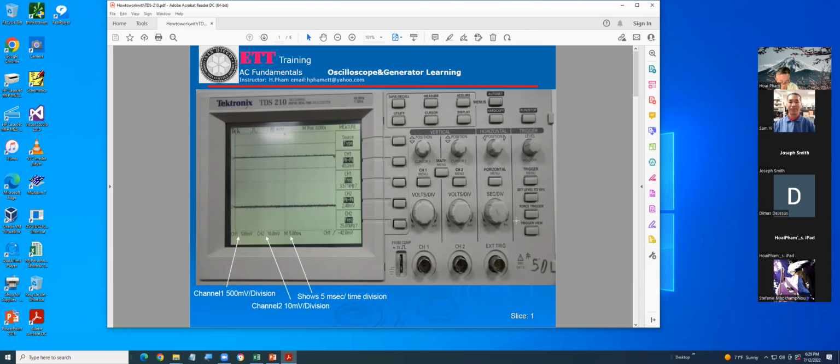If you want the V RMS, you have to measure the V peak, then use a formula to convert to V RMS.